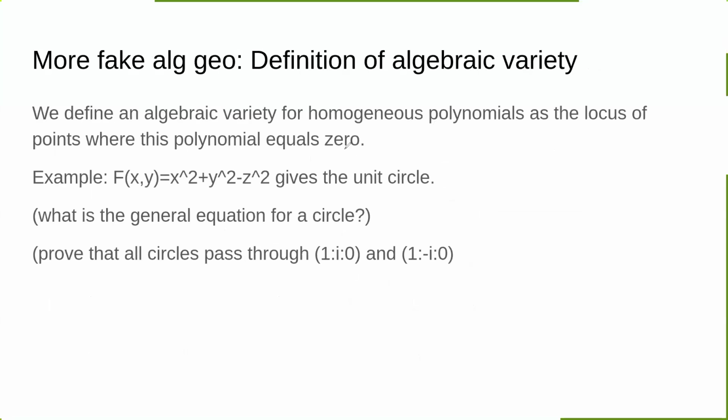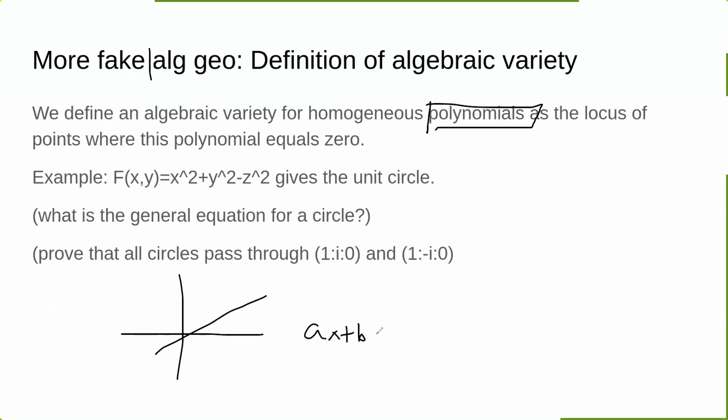And now the real objects we're working with in geometry are polynomials. We're looking at the zero sets of some polynomials. For example, a line is just the zero set of some polynomial, like ax plus by plus cz equals 0.